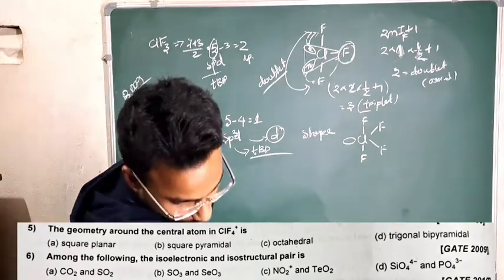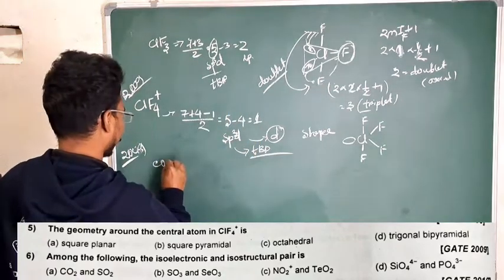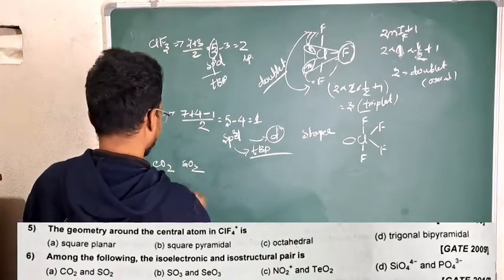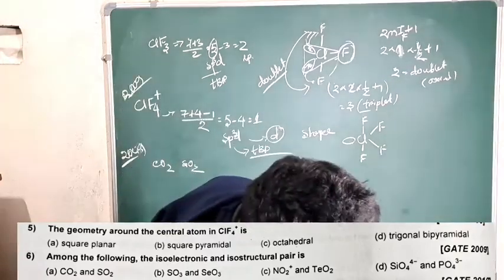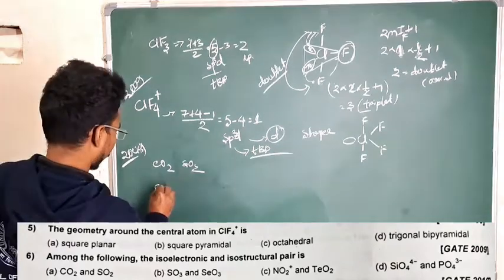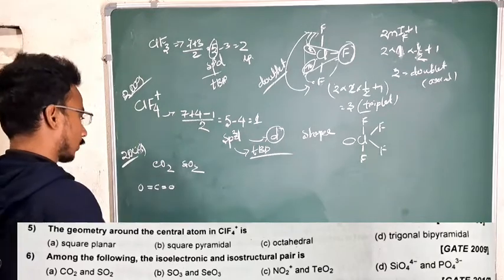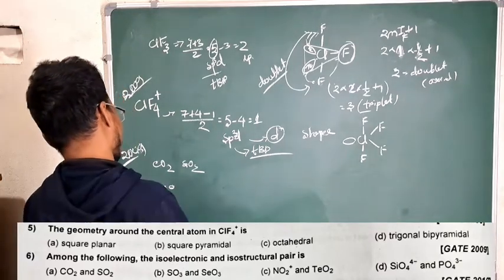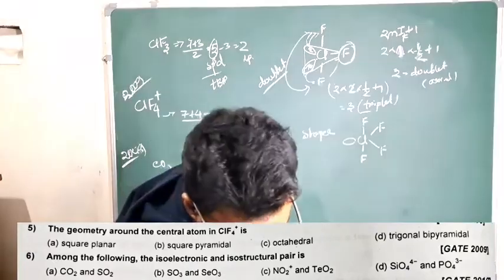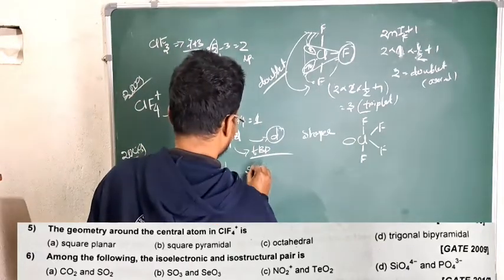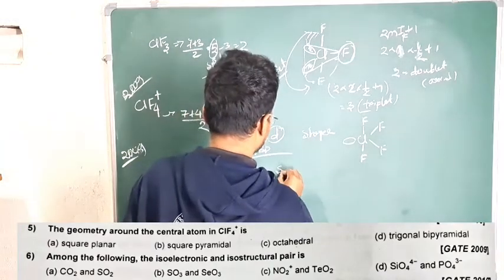So watch every option: CO2 and SO2. CO2 is a linear structure. Let me write all the options first. SO3 and CO3.